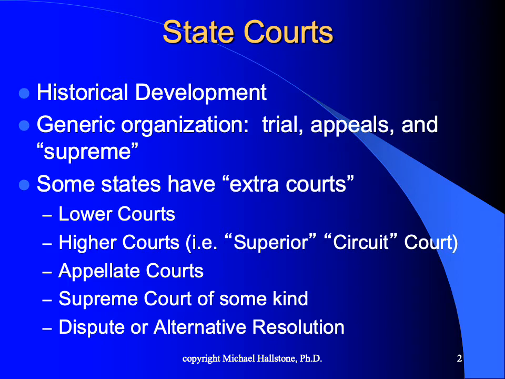Again, remember, I said how we're not after factual guilt and factual innocence, we're after legal guilt, right? So there are certain rules that they all must adhere to in a trial court, in a higher court, which is superior or circuit court. Think of it as the main trial court.